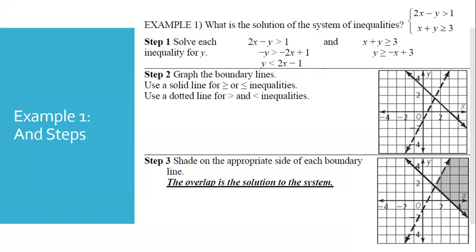The first thing I would like for you to write at the top of your paper is one of the biggest things we forget when we are solving inequalities. You're going to write, note to self, when you divide or multiply by a negative, the inequality changes.